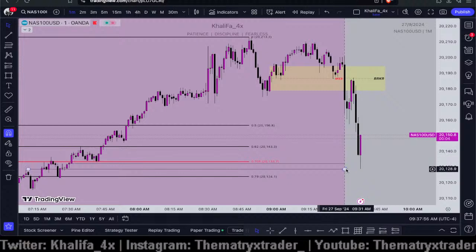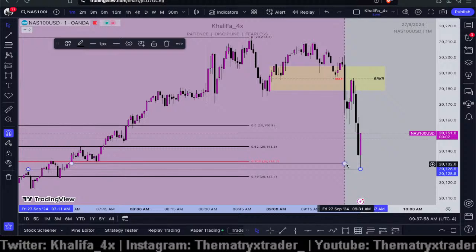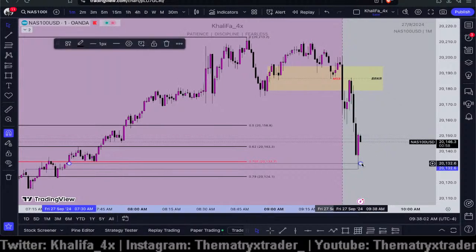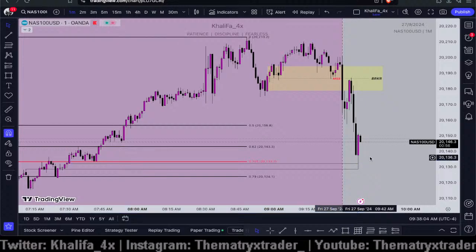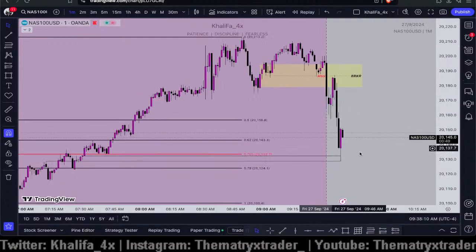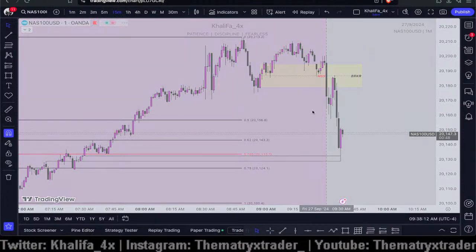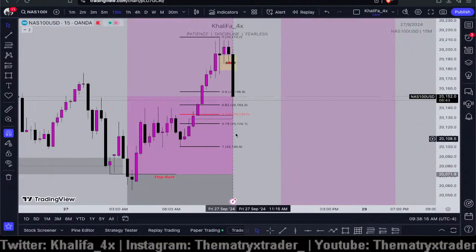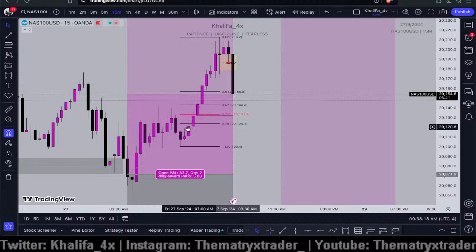Can you see the delivery? Do we have any fair value gap below this little small?